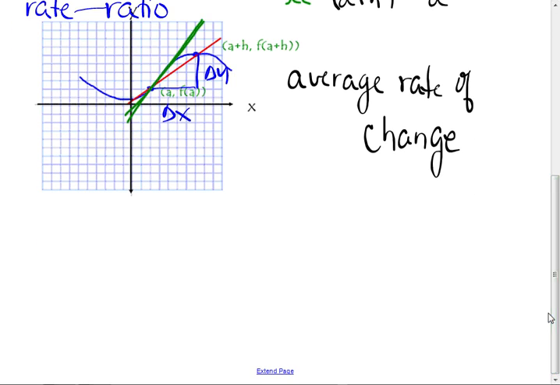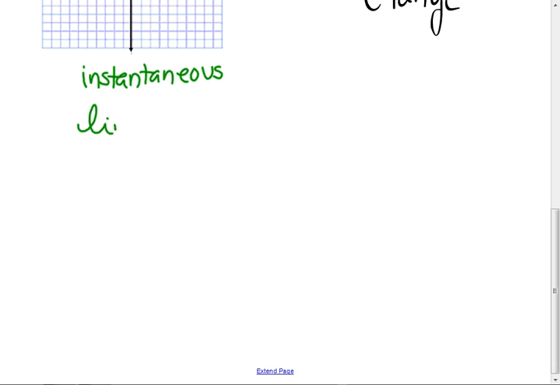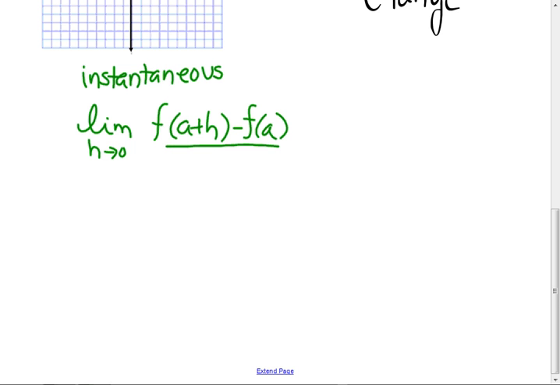And so I want the instantaneous. You're going to, what, go to 0? Okay, so the instantaneous is the limit as h goes to 0 of f of a plus h minus f of a, and we can simplify that denominator to be h.